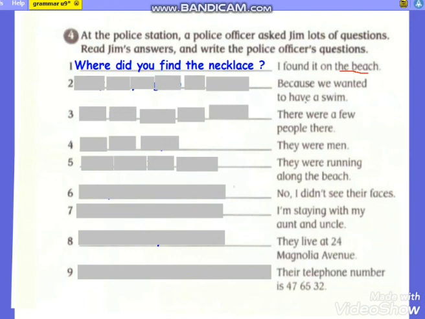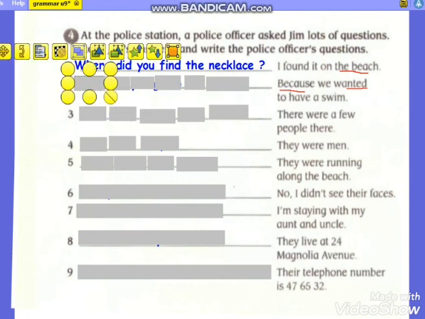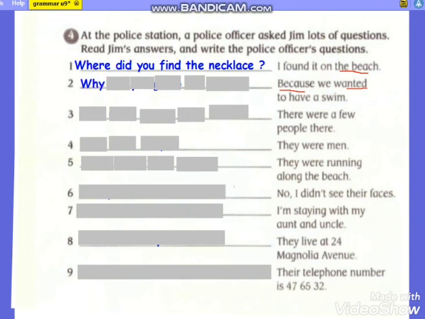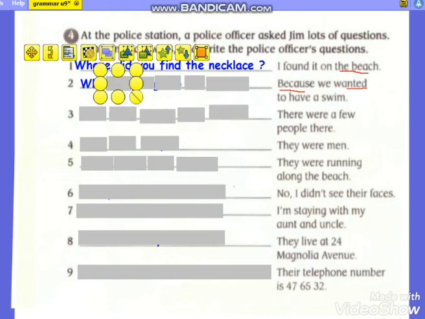Number 2. The answer, because we wanted to have a swim. Because we start with because, we must start our question with why. Excellent. And the verb here is verb 2, so you have to follow why with did.